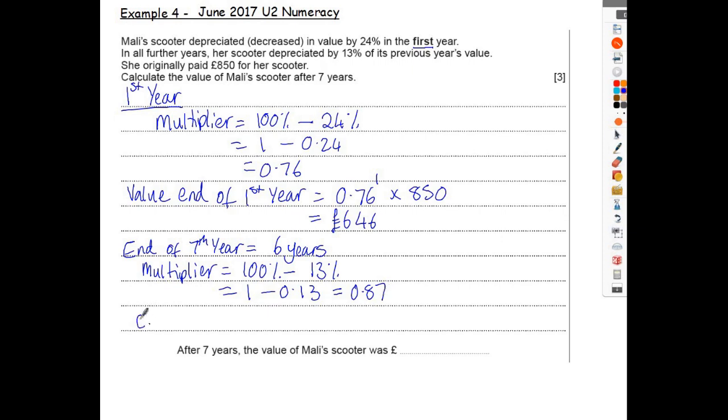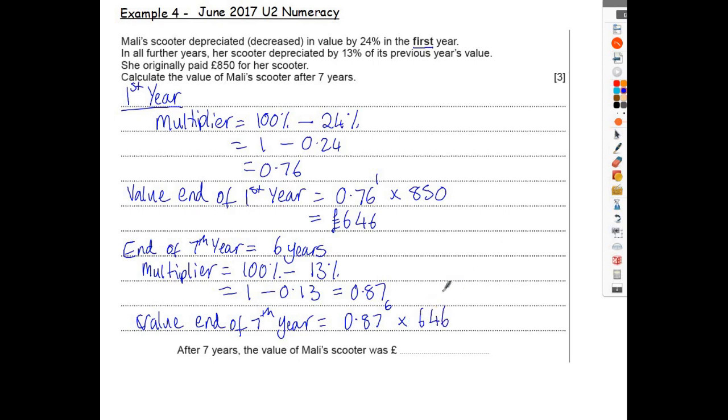So the value at the end of the 7th year will be the multiplier for these next 6 years to the power of 6, because it's over 6 years, multiplied by the amount it was at the end of the first year. So that's going to be 646.